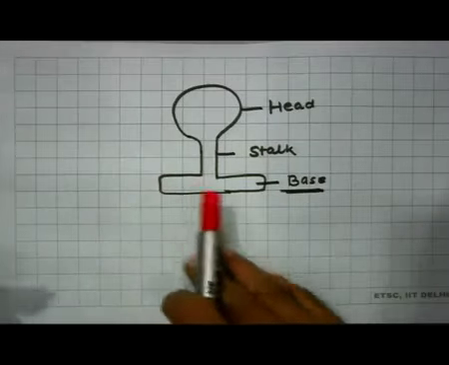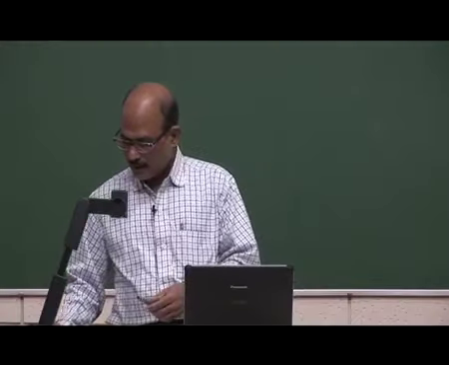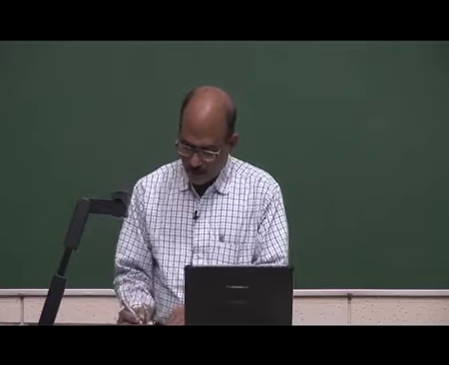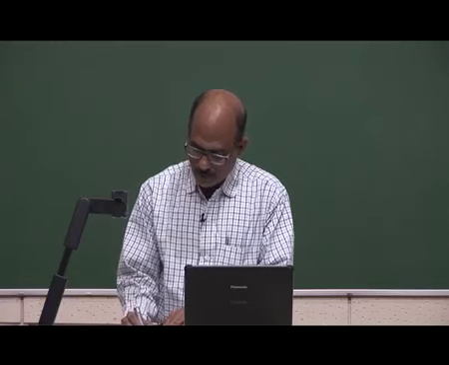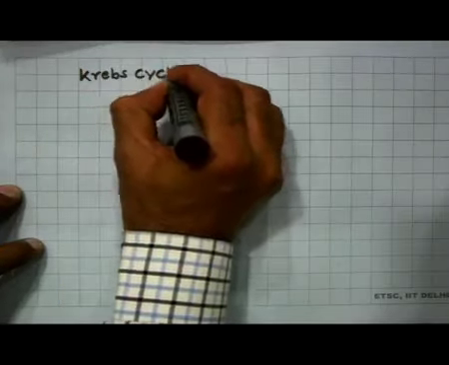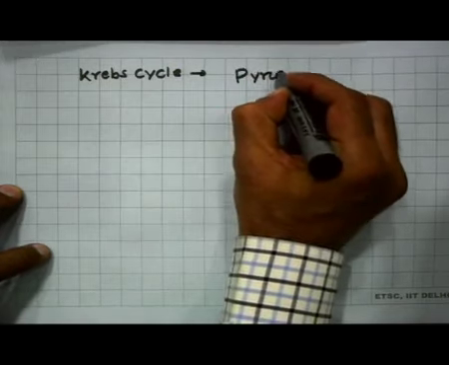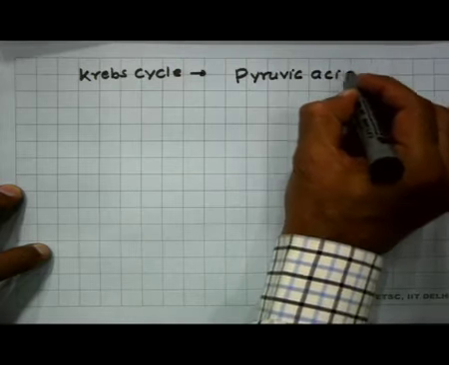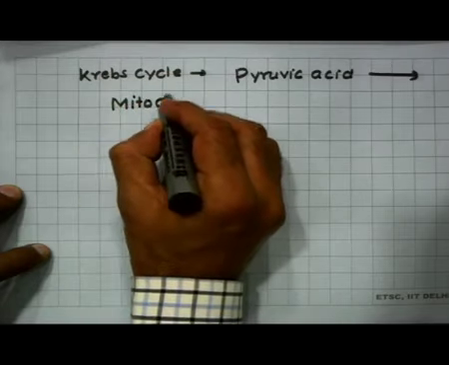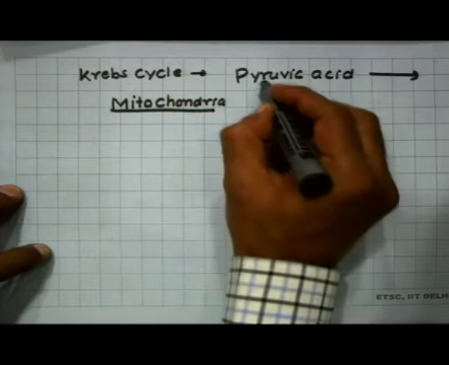Now, what is the fate of pyruvic acid in aerobic respiration? Before participating in the Krebs cycle, the pyruvic acid enters the mitochondria, but not directly.